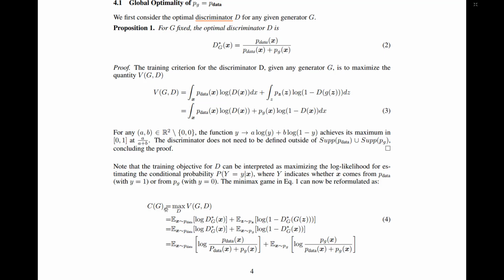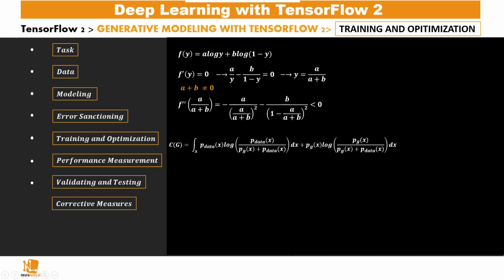And this is gotten from this expression where we had C of G to be the expectation of the log of p data divided by p data plus pg, plus the expectation of log of pg divided by p data plus pg, where the expectation here was over x from the distribution p data, and here x from distribution pg. So that is why right here we have p data of x times this plus pg of x times this.